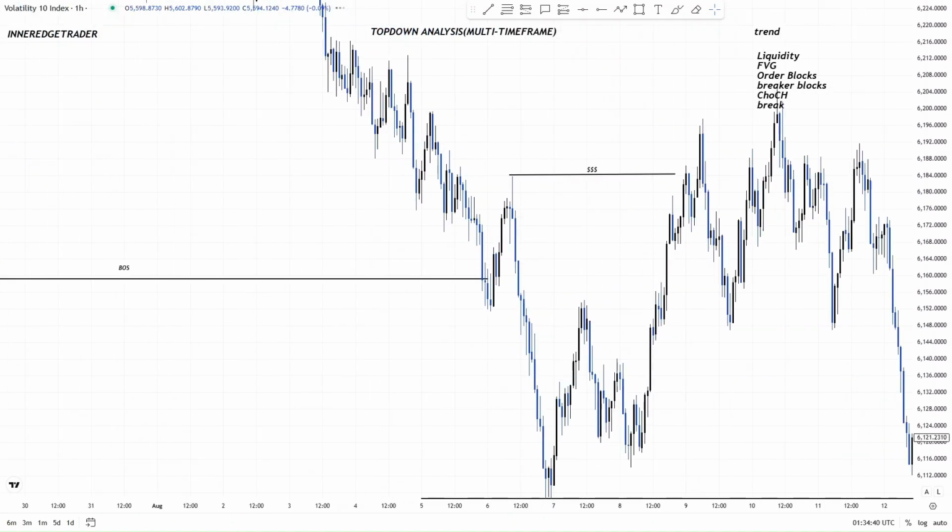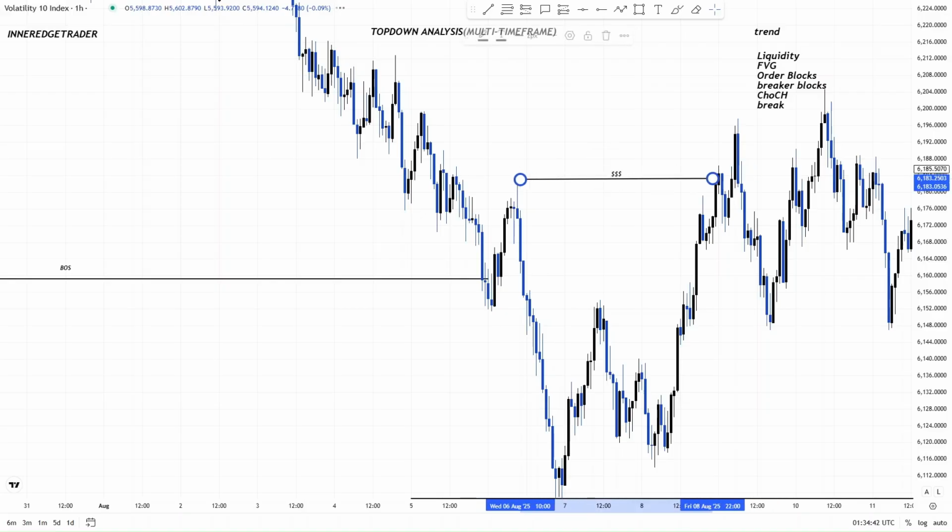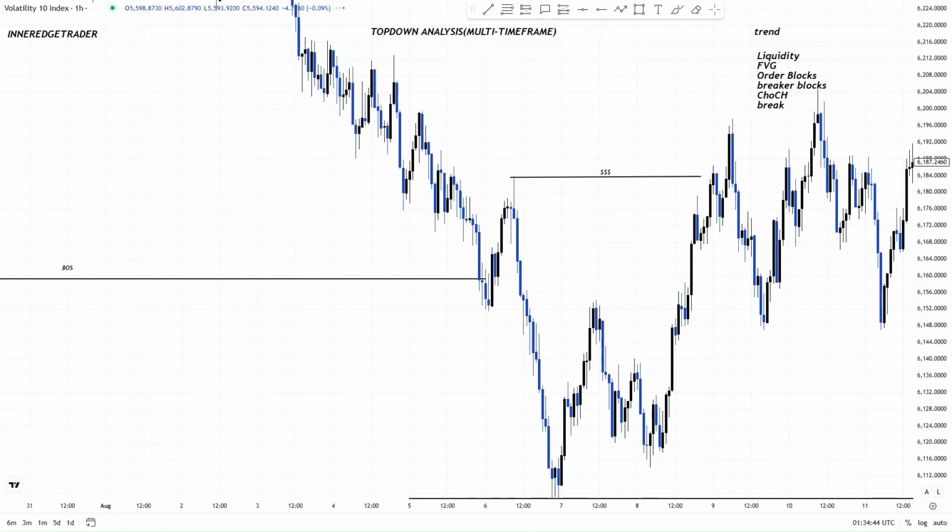So after the liquidity pool, what do we observe in the market?